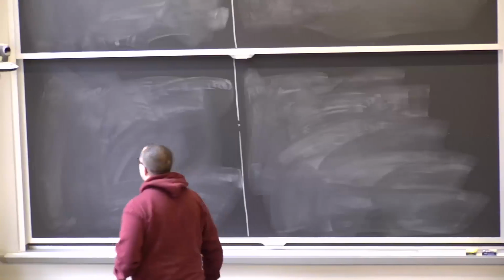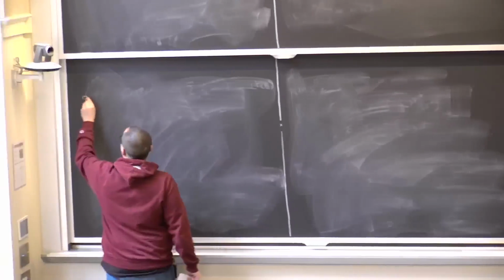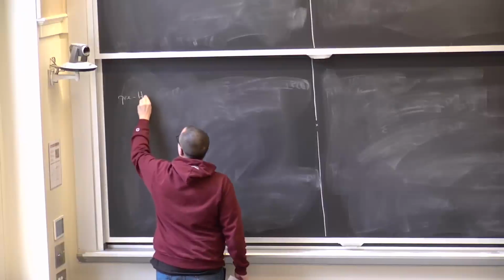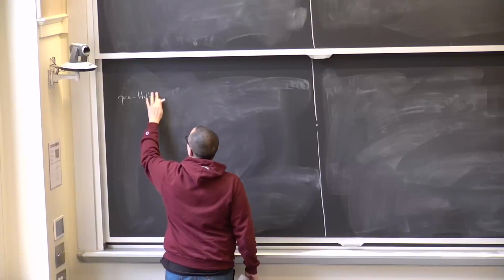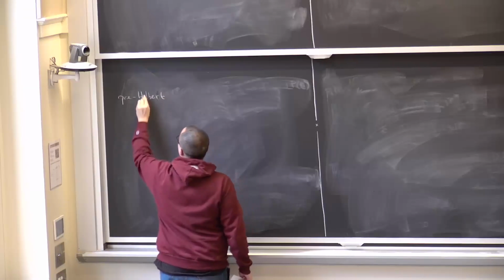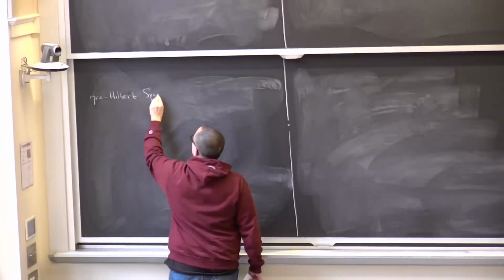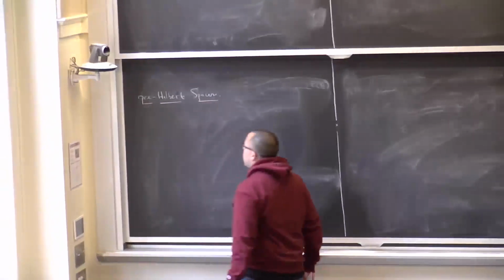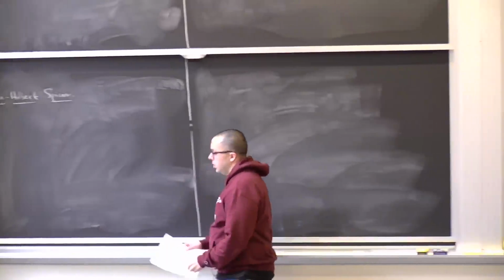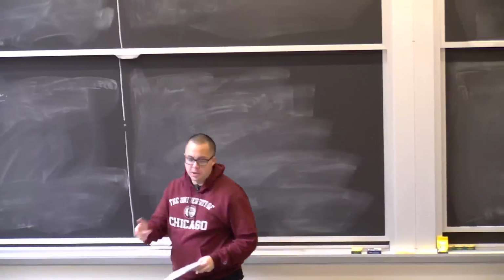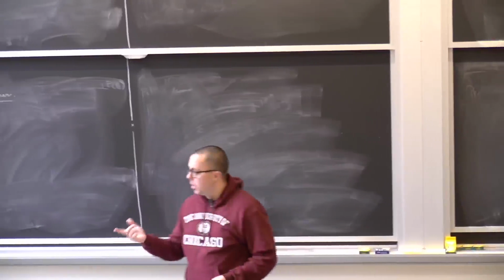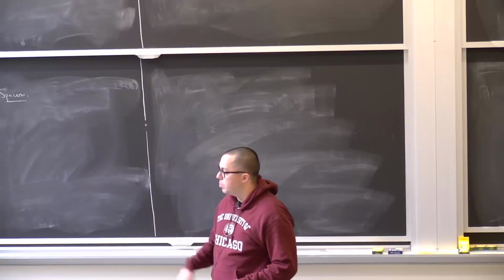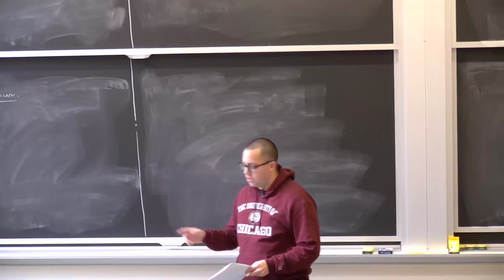So last time we introduced pre-Hilbert spaces as vector spaces that come equipped with a Hermitian inner product. The Hermitian inner product is a pairing between two elements that gives you a complex number that's linear in the first entry.